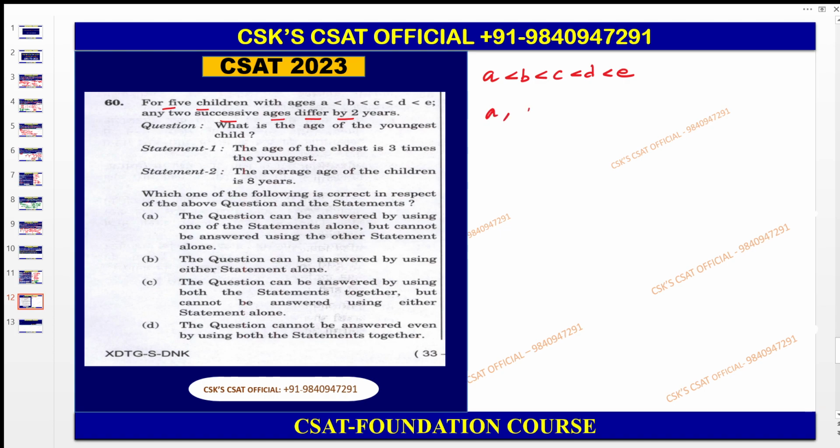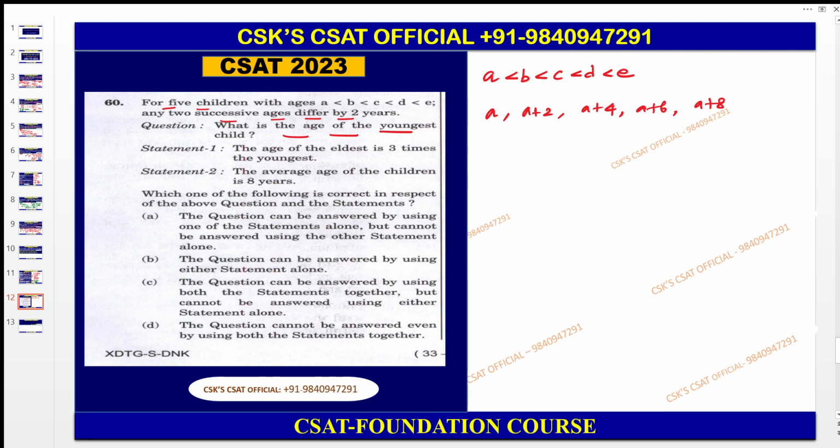You can take A, then A plus 2, A plus 4, then A plus 6, A plus 8. 5 only, right? That differs by 2. It forms a sequence. Now, read it carefully. We have to find out what is the age of the youngest child.